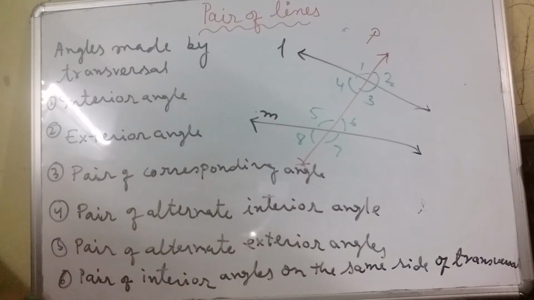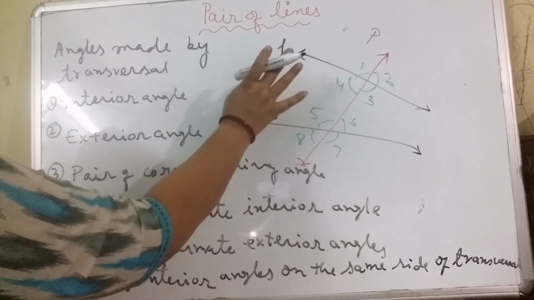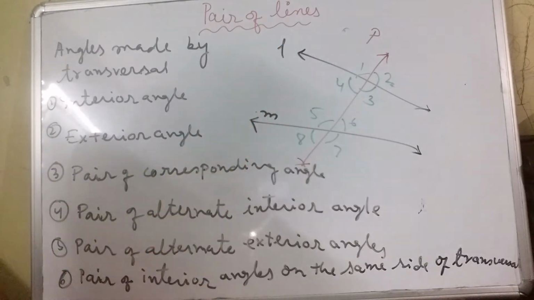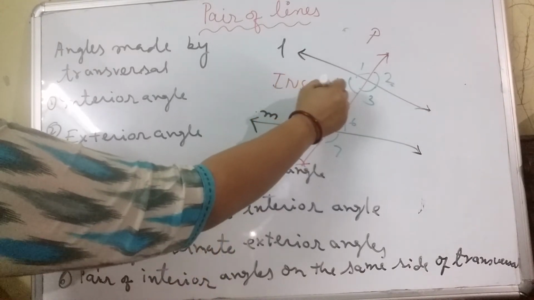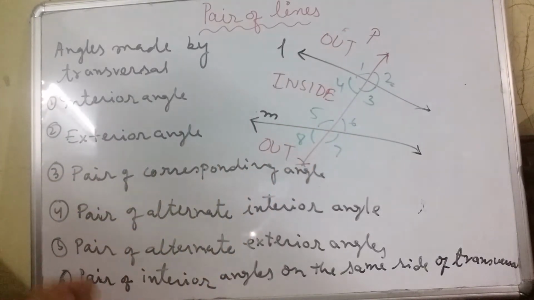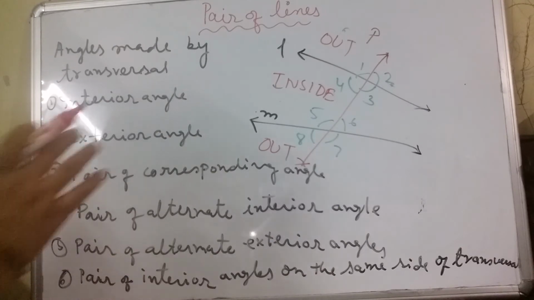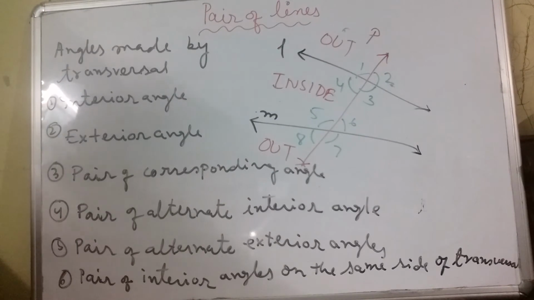Okay. Now if you look at this, this is the inside part of these two lines. Okay, and this is outside and this is also outside of that line. That means this portion is interior and that portion is exterior or outside. The transversal P has made 8 angles.